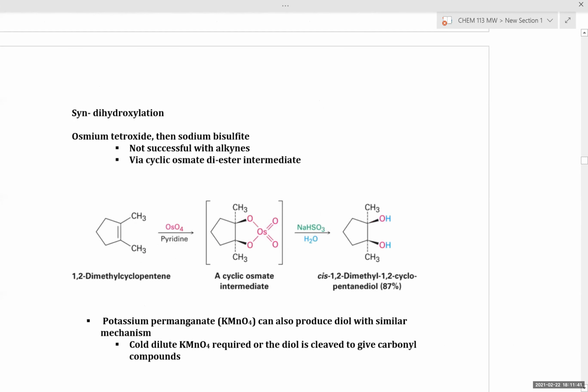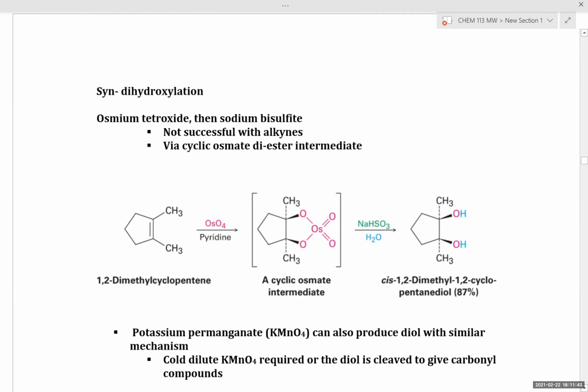Another method that complements acid and base catalyzed epoxide opening is syn dihydroxylation. All of these mechanisms up to this point have been covered previously in Organic Chemistry 1, and we're now starting to fit each of these different reaction processes in the context of synthesis.